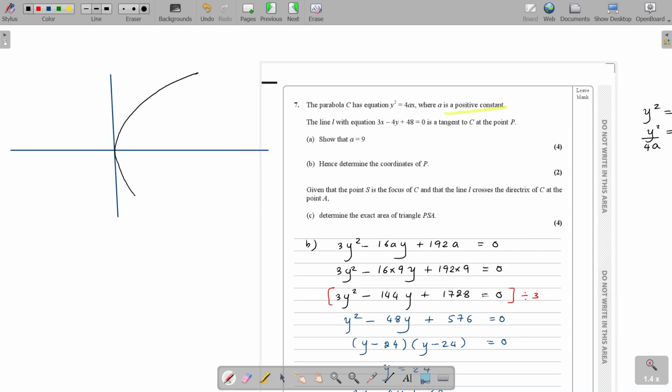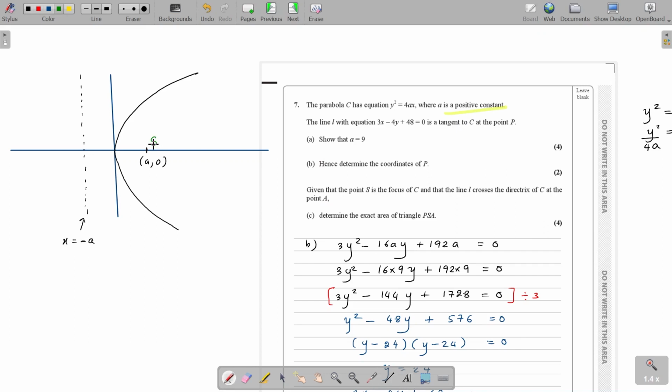Focus is at a comma 0. Are you aware? Directrix is at x equals minus a, or x plus a equals 0. Are you with me? So we found the a value is 9, right? Given that the point S is the focus, so this point S is the focus of C, and the line L crosses the directrix.